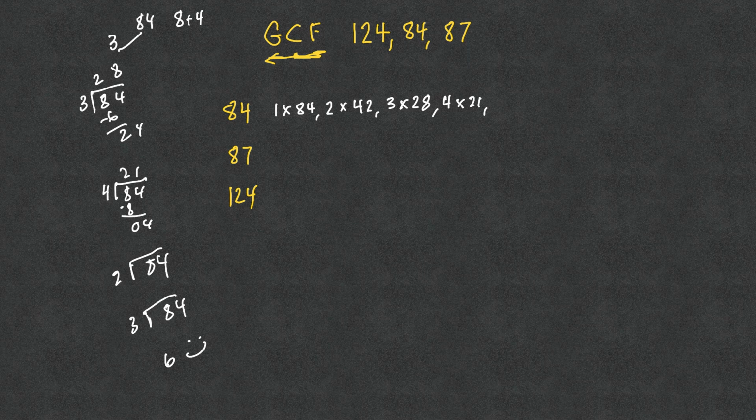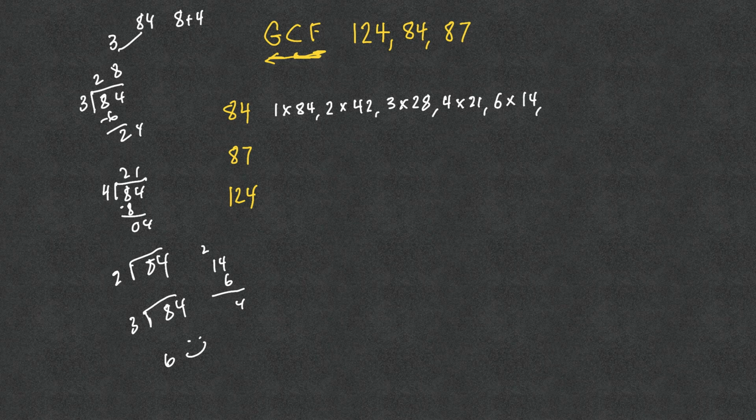And I happen to know that. 6 times... Anyone know? 6 times what? 10 would be 60. 12 would be 72. 13 times 6. No. What about 14? Times 6. 24, 84. 14. Now, oh my goodness.